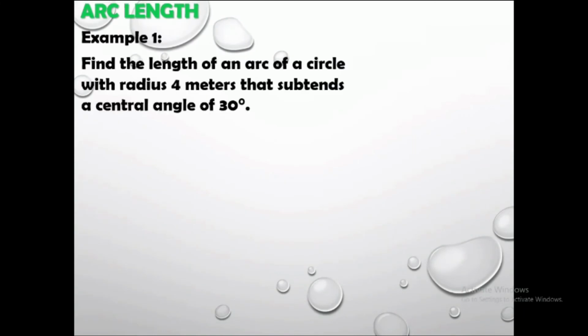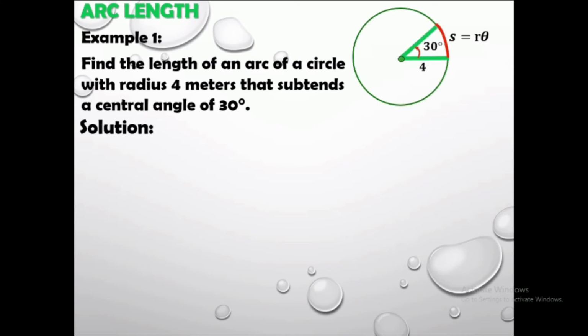Example number 1. Find the length of an arc of a circle with radius 4 meters that subtends a central angle of 30 degrees. So what are the given? We have the radius, which is 4 meters, and theta equals 30 degrees.